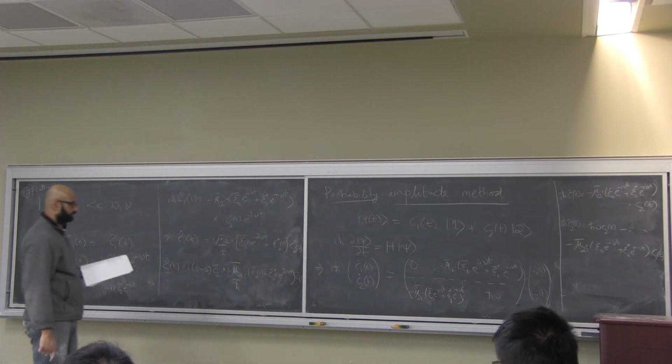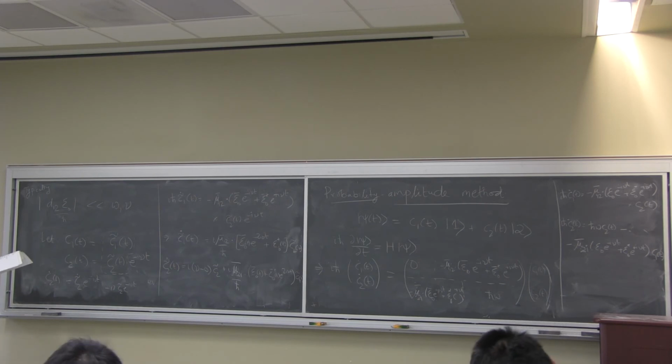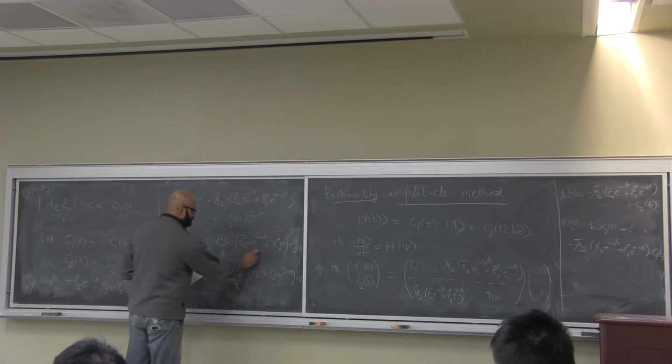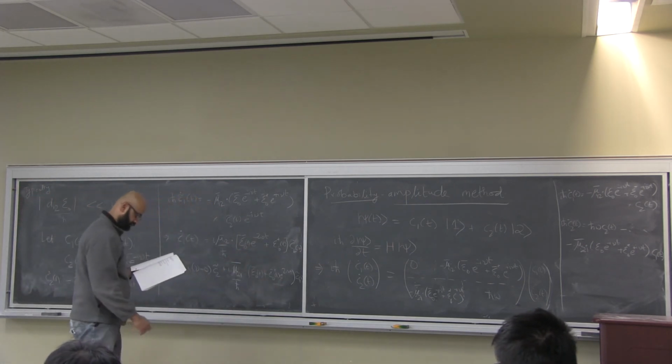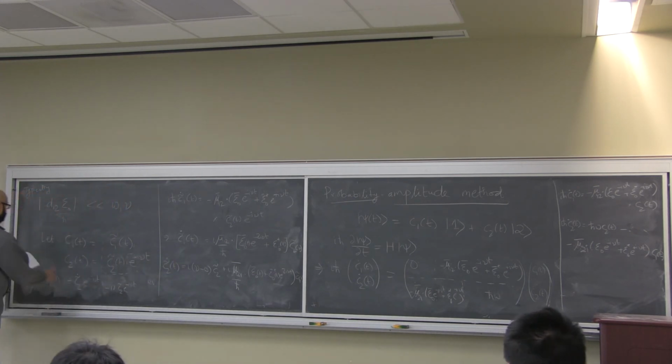Okay? So we have two sets of equations, and now we see that all of the fast oscillations have gone into these terms over here. Okay? This is the transformation to the rotating frame. So this is called the rotating frame.